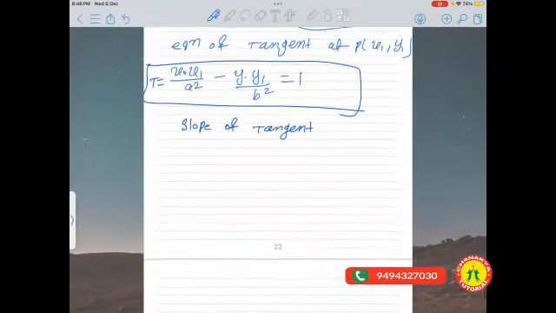Can you say the slope of tangent? Anyone? We want to find the slope of tangent.